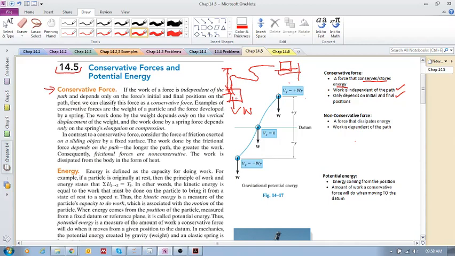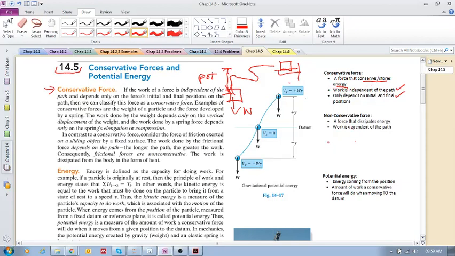You've taken this mass and raised it up, and we've increased the potential energy. In a sense, we've stored energy in this gravitational field. If we let it go, the weight will be able to do positive work. So a conservative force is able to store energy so that we can gain this energy back.